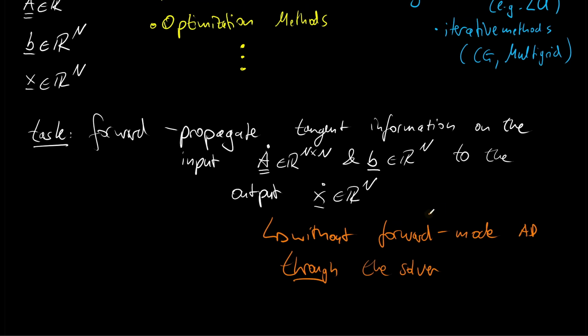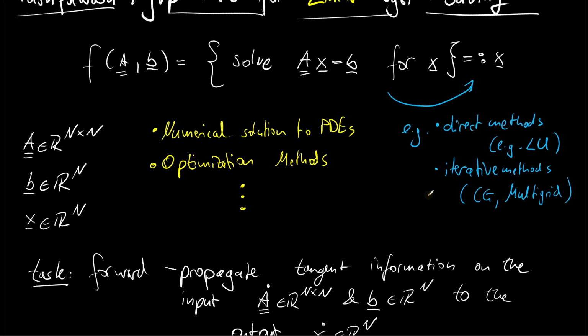As with any kind of numerical algorithm, it is composed of smaller computational steps, some multiplications, matrix vector products, etc. If we unroll or open the black box of an algorithm, we could just apply the smaller forward rules on these particular steps in the computational chain.